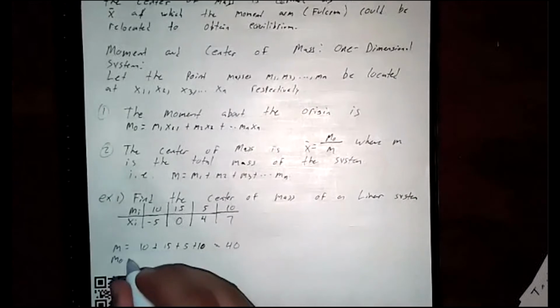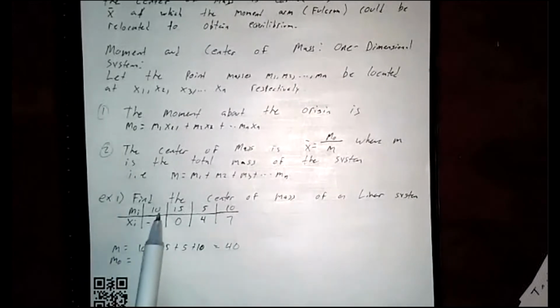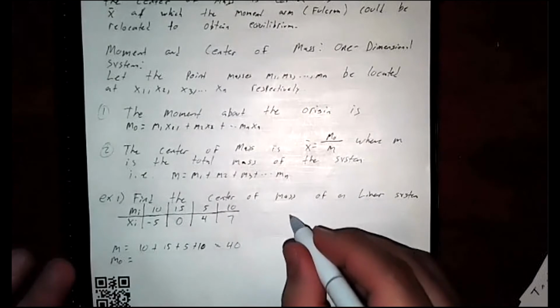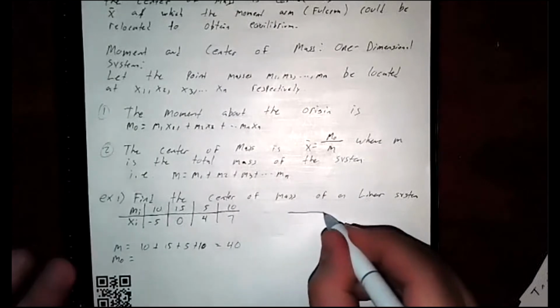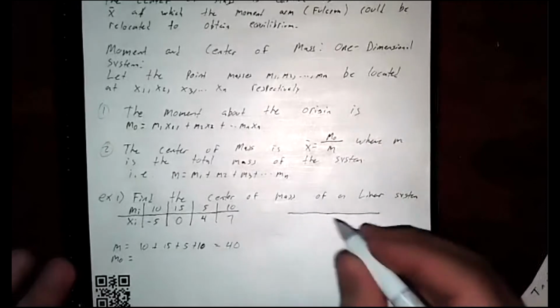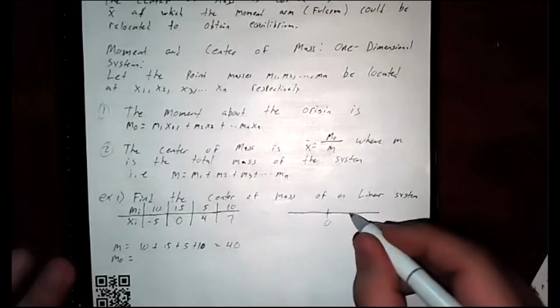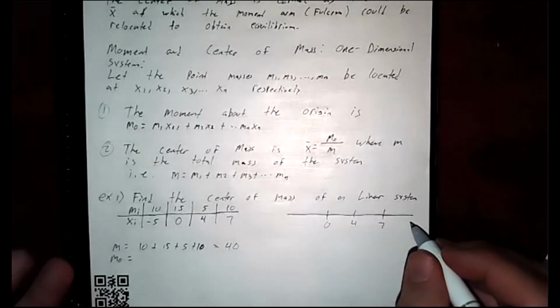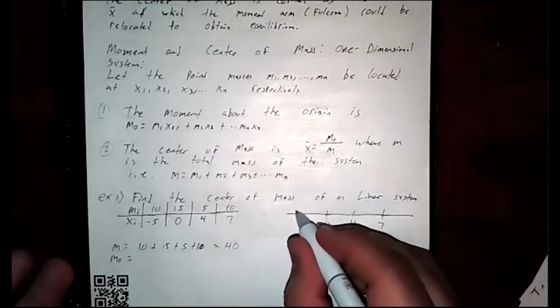M0, we said, is each individual mass times that x value. So the idea, picture this. Here we got 0, 4, 7's over here somewhere, negative 5's over here.